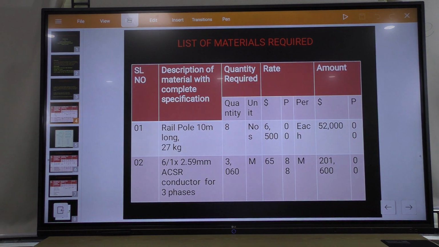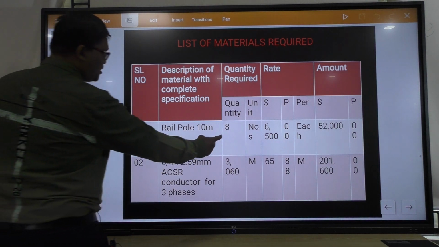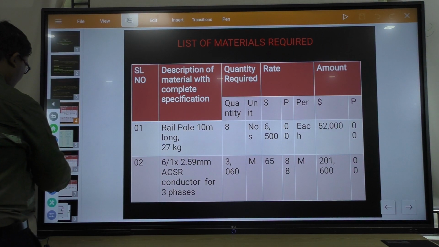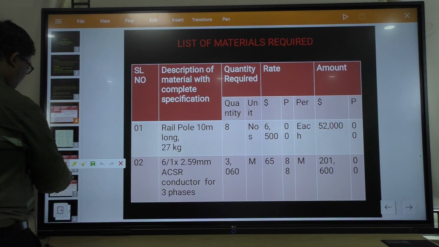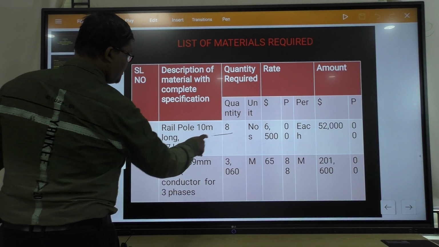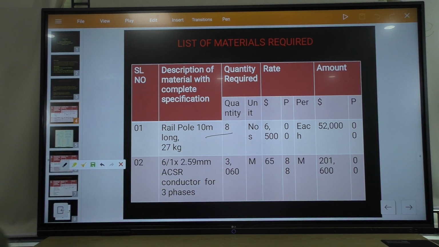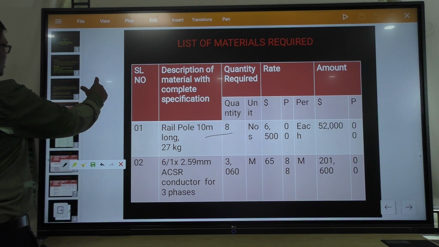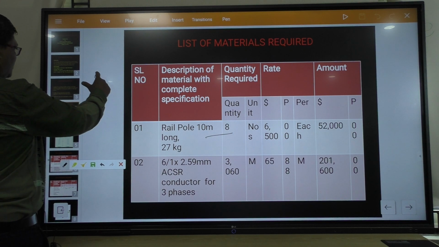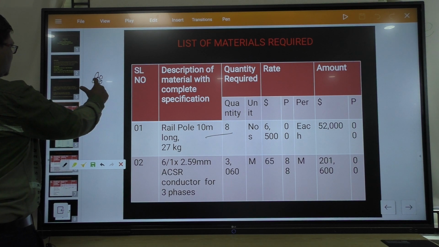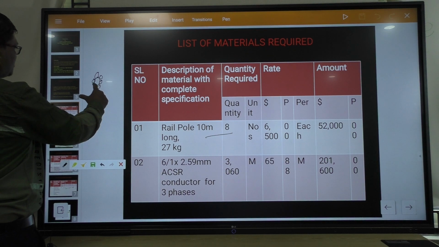So rail poles, already we have discussed, 8 numbers of rail poles are required. And 6 by 1 into 2.59 mm: 6 by 1 means a central conductor, and around this we will have 6 conductors, 1, 2, 3, 4, 5, 6.